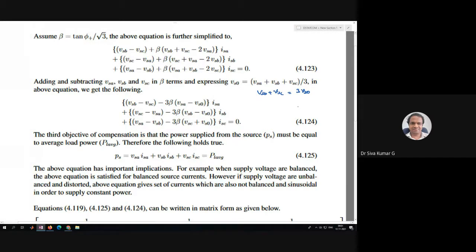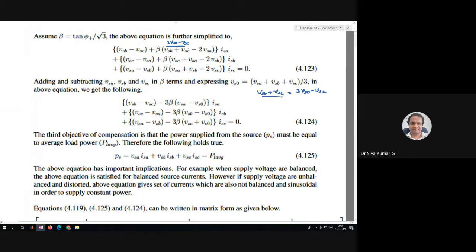minus VSA. If you substitute this expression over here, we get 3 VS naught minus VSC.